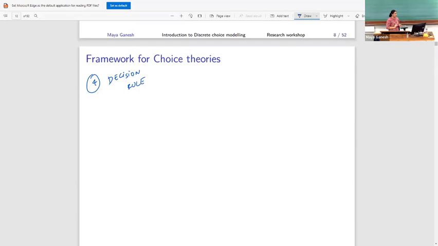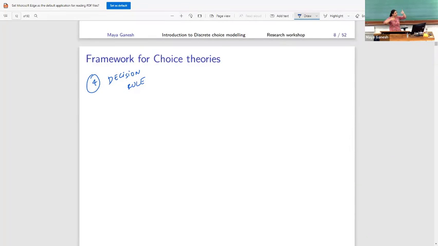Thank you. Right. So the fourth element that we are talking about is the decision rule itself, right? Because we said there are these choice alternatives. I have told you what the alternatives are and what the attributes are. But after I have that, remember the table I had: the time it takes for these 3 modes, the cost for these 3 modes, and the comfort level for these 3 modes.